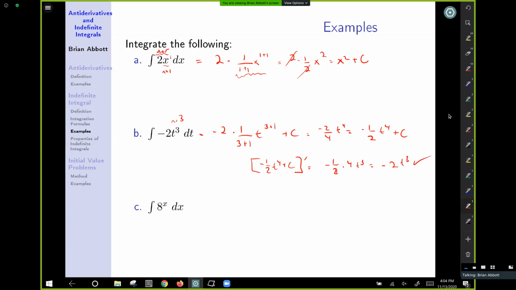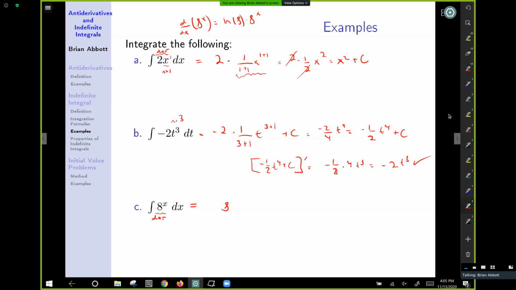Okay, now here we have to remember our differentiation formula for a base exponential raised to a power. And it turns out that is ln of 8 times 8 raised to the x power. So we want whatever we come up with for the answer of this integral to have derivative 8x.